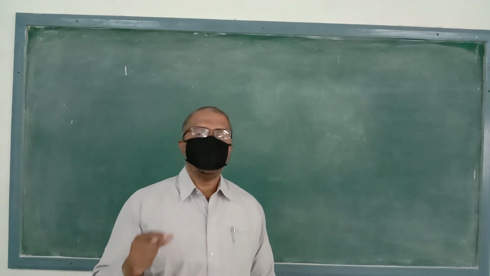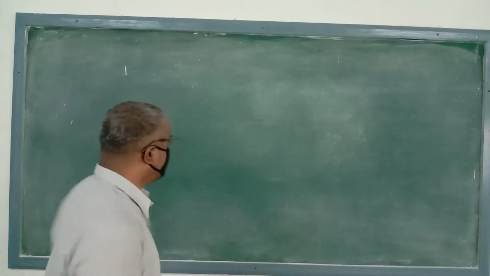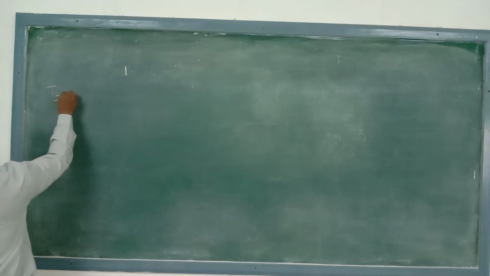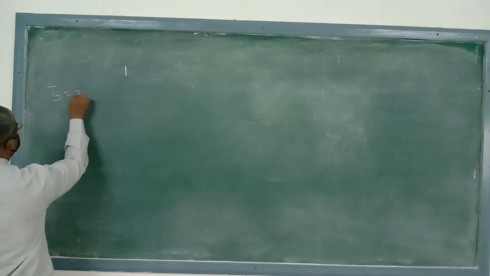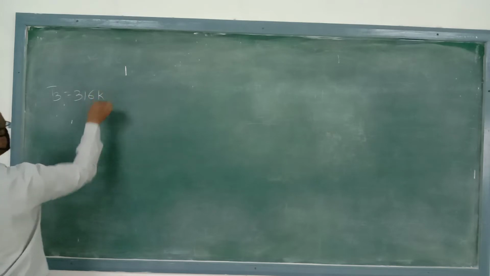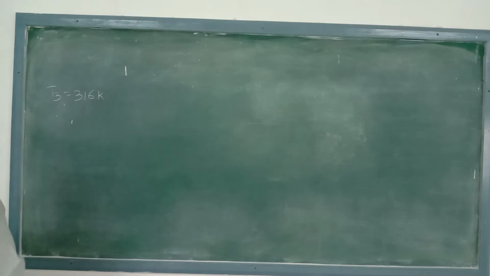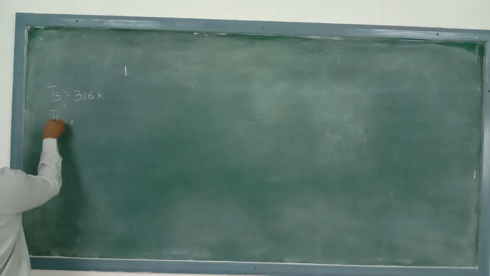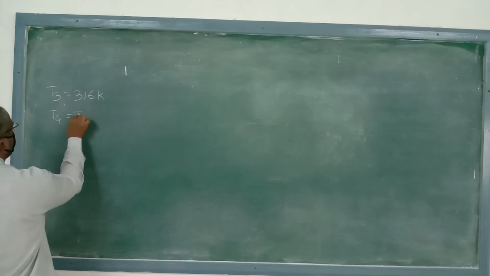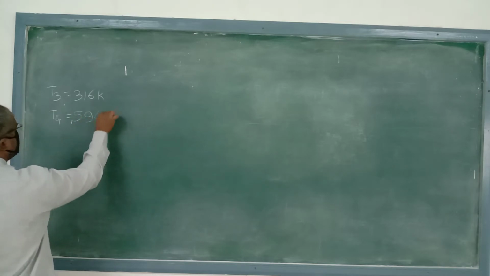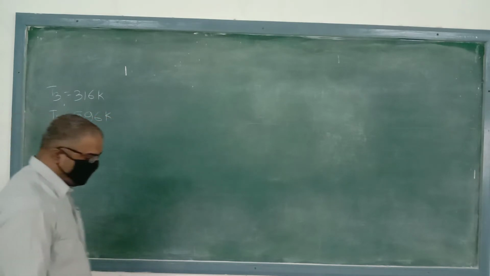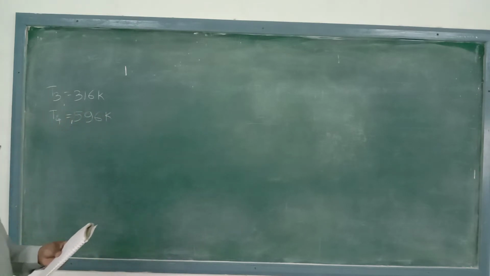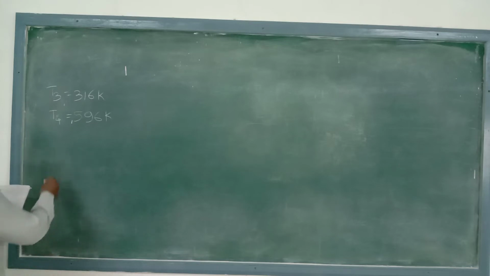As we have seen in PV and TS plotting, T3 they have given in this problem is 316 Kelvin, and at the end of isentropic compression they have given 596 Kelvin. Next, take gamma is equal to 1.4.